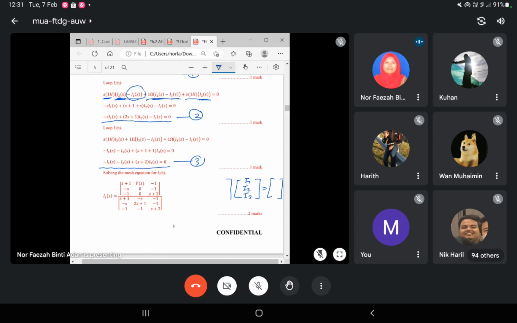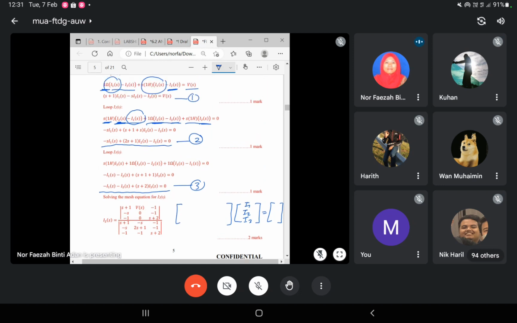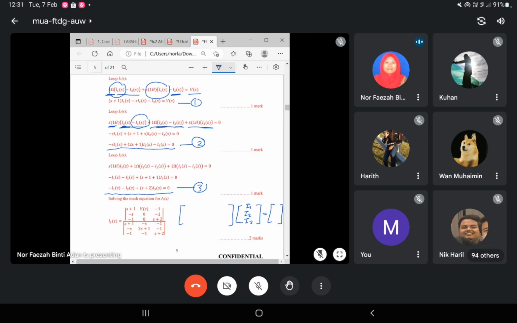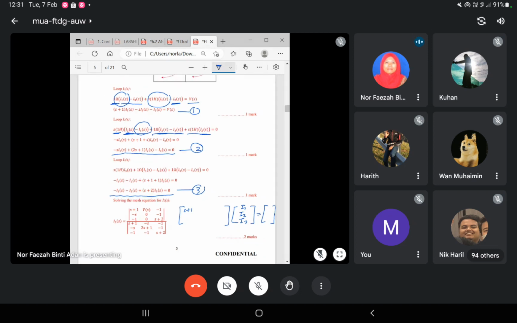Ini multiply by what? Okay, tengok loop 1 punya equation. Yang darab dengan I1 adalah S tambah 1. Yang darab dengan I2 adalah negatif S. Dan yang darab dengan I3 adalah negatif 1. Okay, itu equation for first loop.